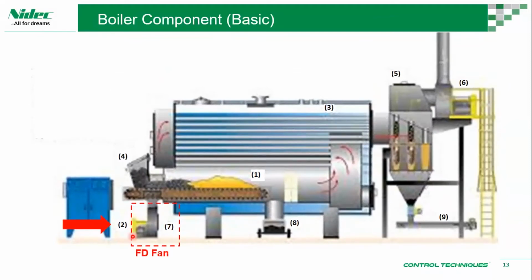We need to supply fresh air inside the furnace, giving oxygen. We also need to make sure the pressure in the furnace is not negative and not positive, but balanced, or zero pressure.